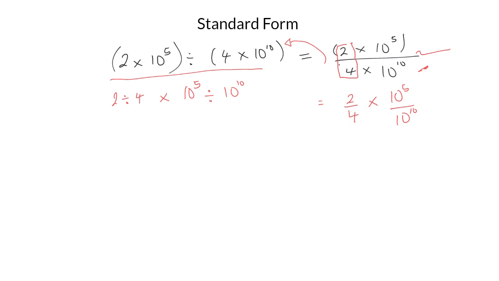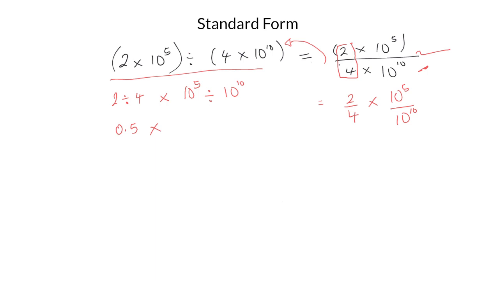Now, when you see 2 divided by 4, don't get confused. 2 divided by 4 is different from 4 divided by 2. 4 divided by 2 is 2, while 2 divided by 4 is 0.5. And now multiplied by, what do we have here? Earlier it was multiplication, now it is division.